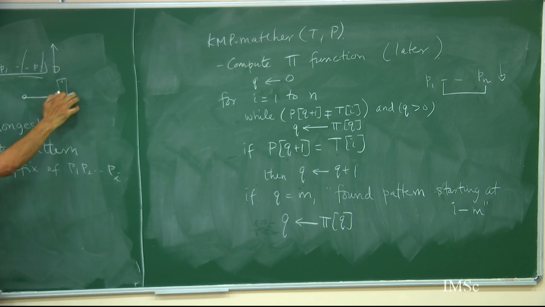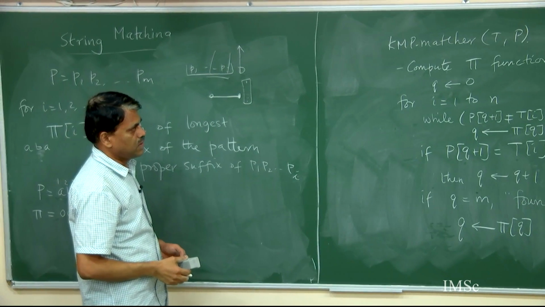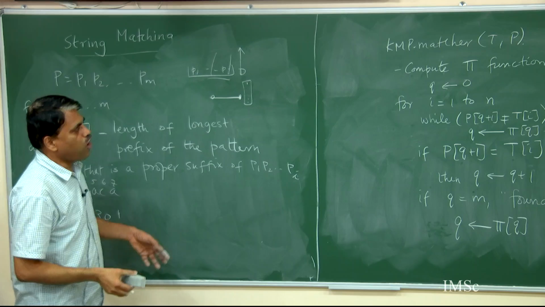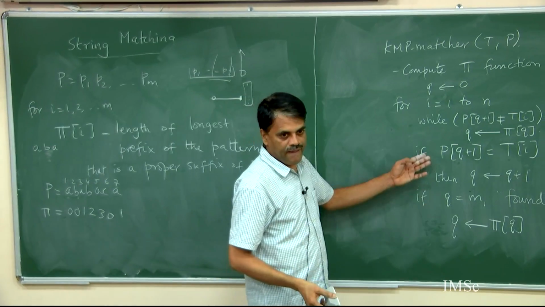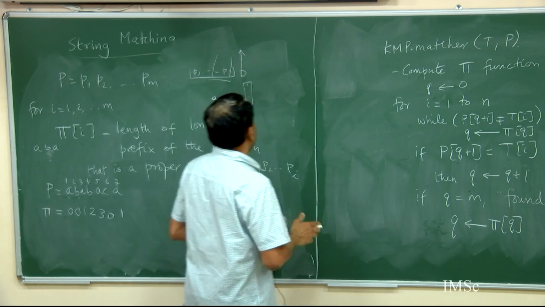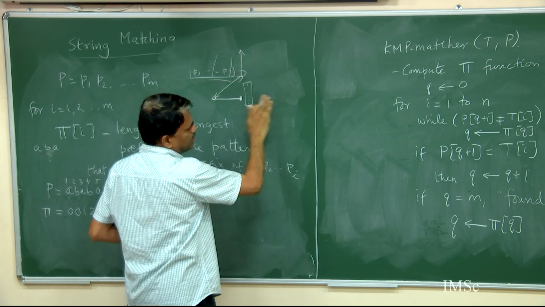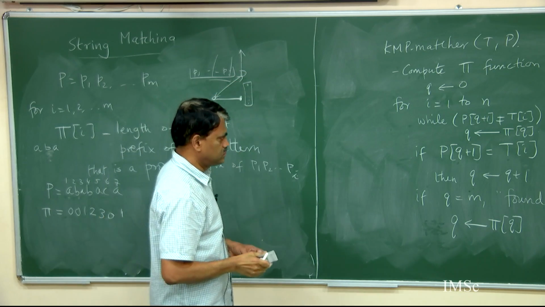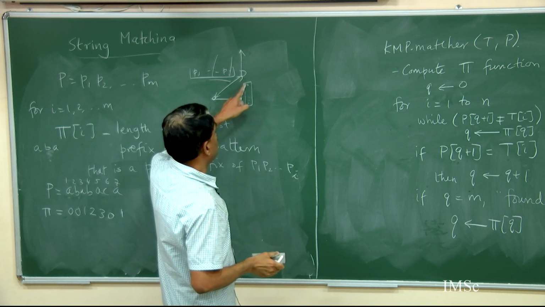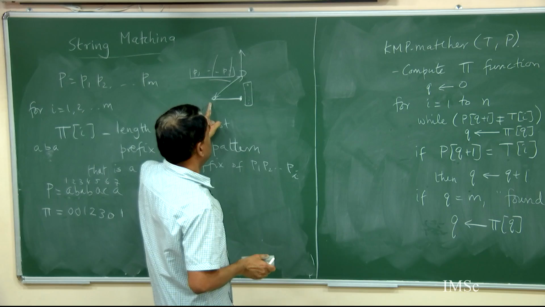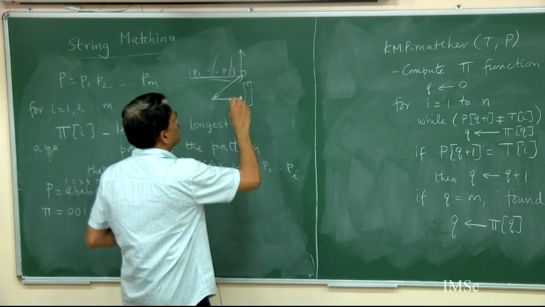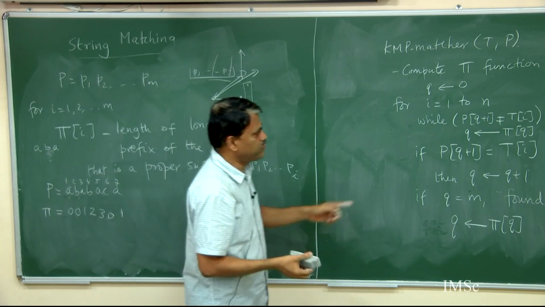It does another shift and then I compare it, keep doing this, until Q becomes 0 or you got a match. If Q got a 0, then I just go to the next character and start matching here again. And if this Q plus 1 also did not match, then I have to just move my I and compare it with this character.